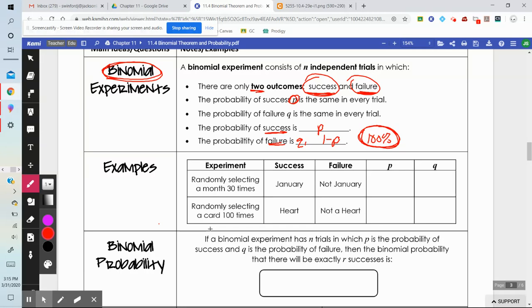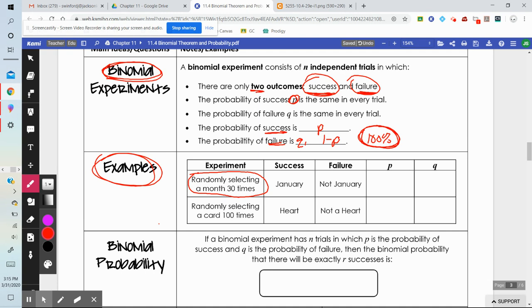Okay, I want to give you some examples of this. Let's go over these examples first, and then I want to give you a real example before we go into the whys behind all this. An example of an experiment: randomly selecting a month 30 times. Maybe we want to know the chances of selecting a January so many times.